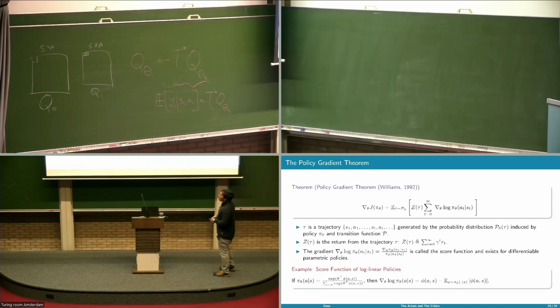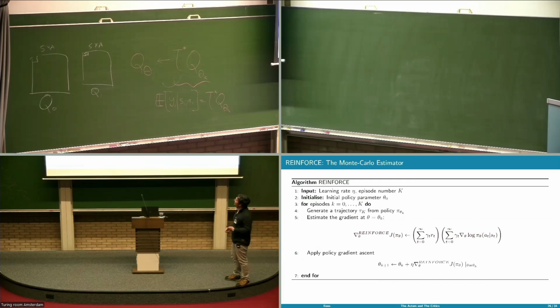So we are good? Do we understand all parts of this theorem? Okay, because the rest of what we have seen over the last 30 years is playing around with this equation. So the first algorithm in this way was REINFORCE.